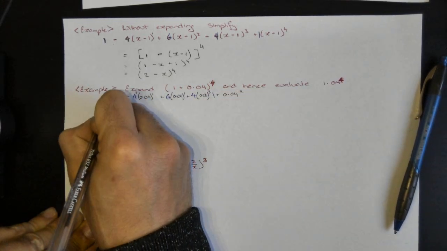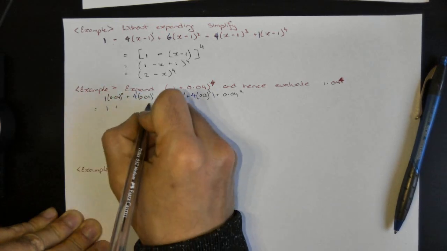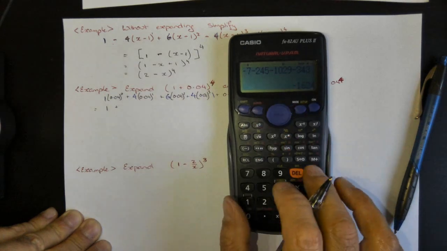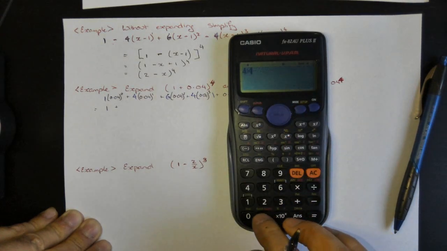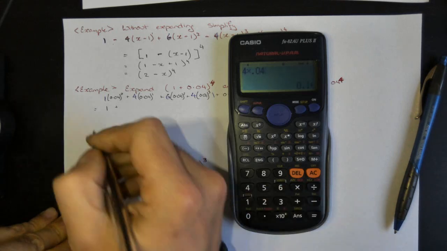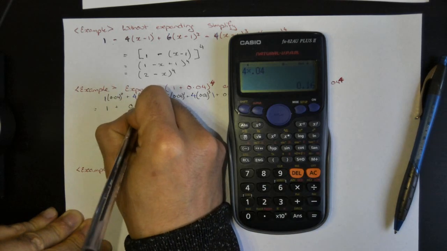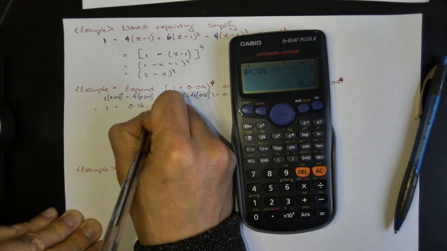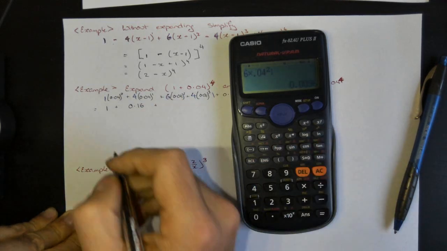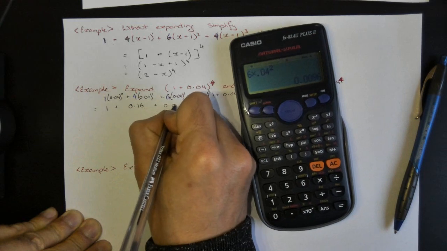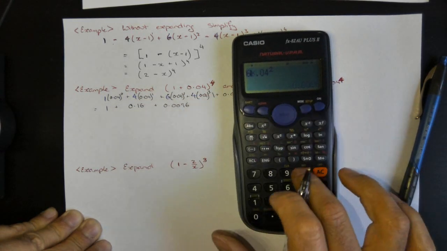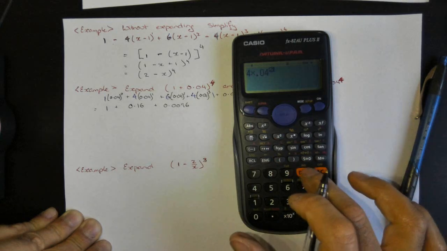That's just 1. 4 lots of 0.04 should be 0.16. 6 lots of 0.04 squared. 4 lots of 0.04 cubed.